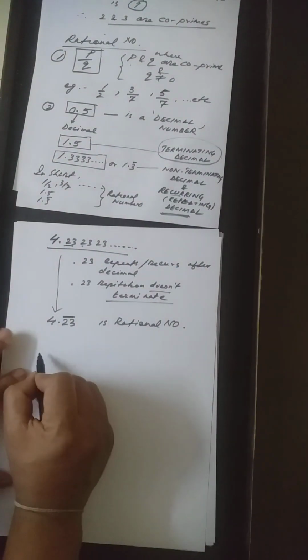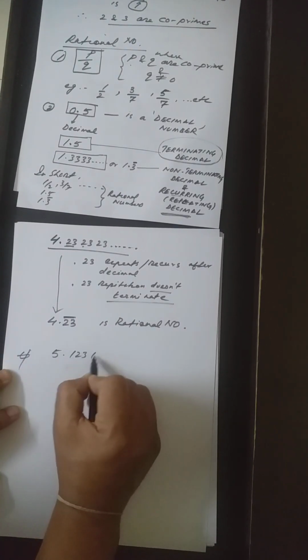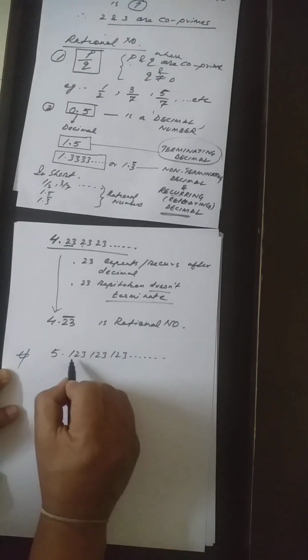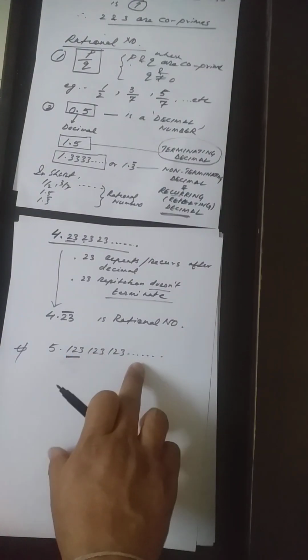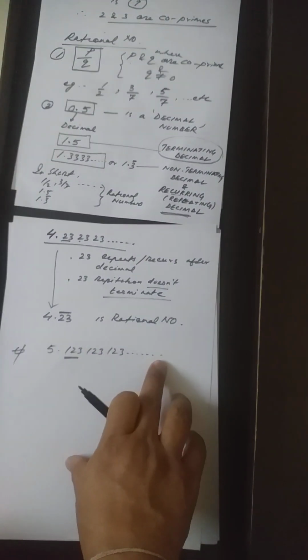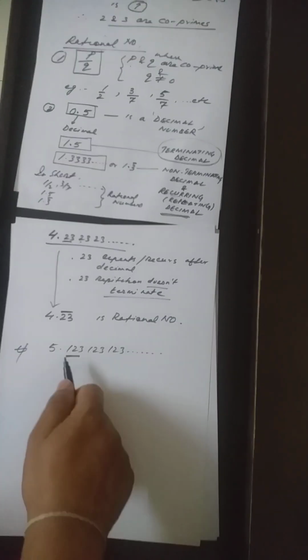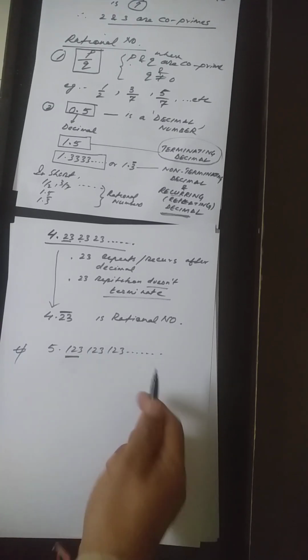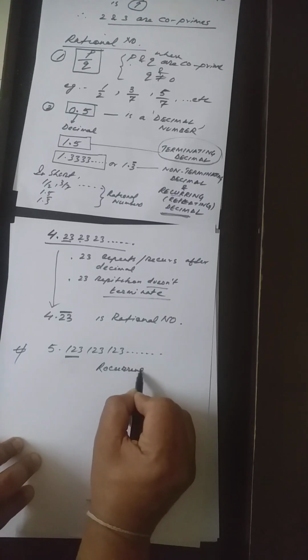And what about another example? Say 5.123123123. Again we have 123 digits repeating after one another, and this repetition doesn't end anywhere. So we have a repeating feature, that is, a recurring feature, as well as a non-terminating feature.